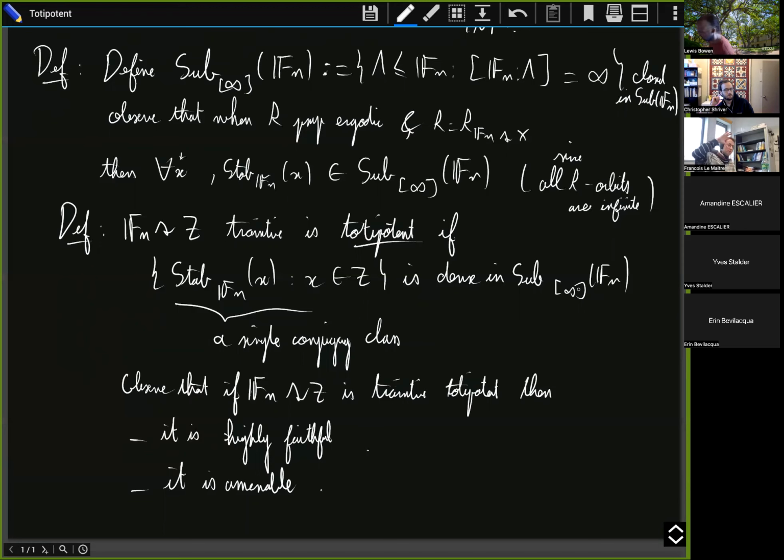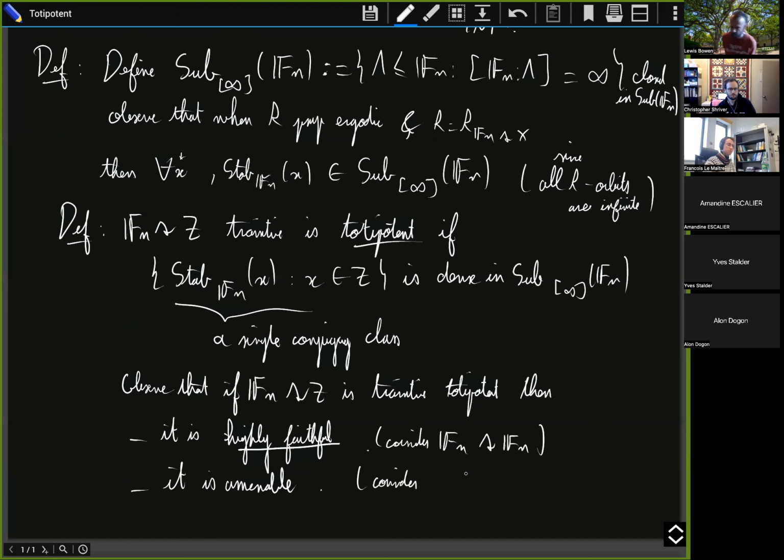It is telling me that if I fix a ball in the Schreier graph of an arbitrary transitive action over an infinite set, this ball will appear somewhere in the Schreier graph of my totipotent action, the action on Z. You see now that since the free action of the free group on itself is an action over an infinite set, by approximating this free action, you get this high faithfulness.